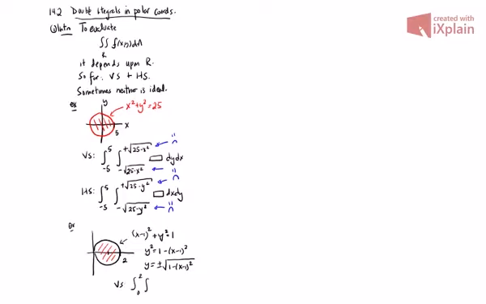Our y's would go from negative square root of 1 minus x minus 1 squared to positive square root of 1 minus x minus 1 squared. Whatever we're integrating, and then dy dx. That is really, really atrocious. And as a horizontally simple region, it's even worse. So neither of these is nice. So isn't there a better way?